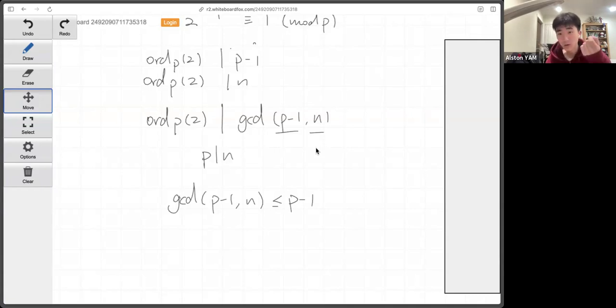Okay, so now what if we take the smallest prime divisor of n, right?